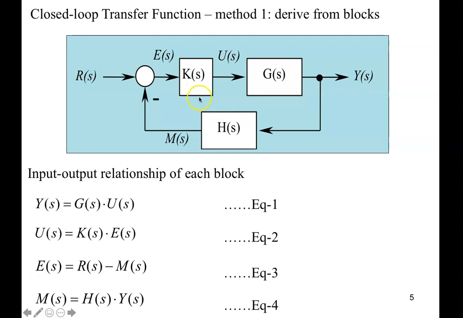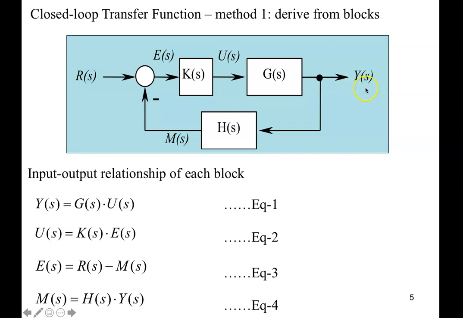For the controller, input is ES, the output is US. So it will be US equals KS times ES. That's my equation number 2. For the feedback sensor, input to that block is YS.